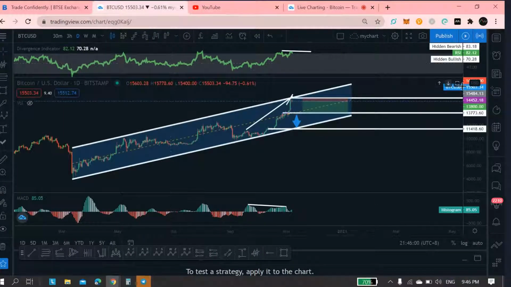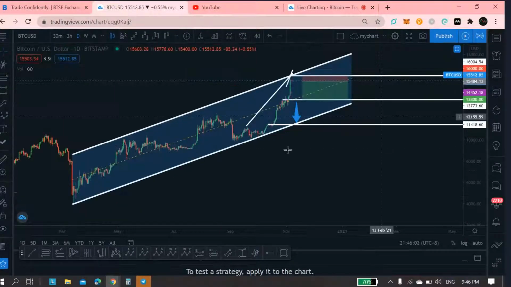Because actually I have three accounts in BTC, the platform that I use in trading futures. I have one for scalp trades, one for swing trades, and also one for medium term trades.